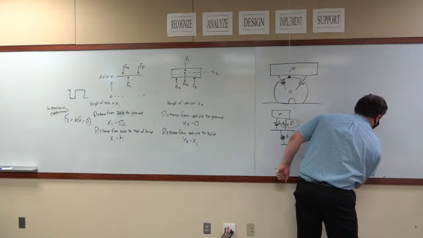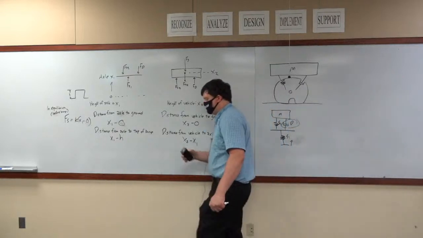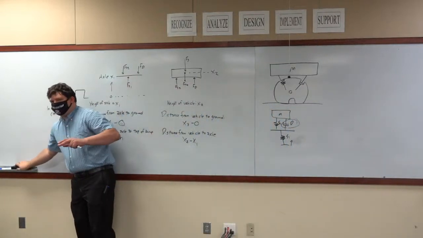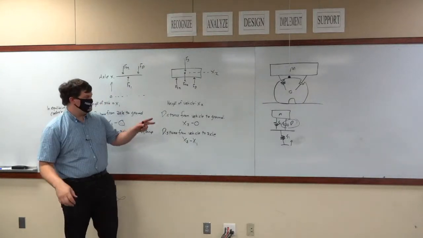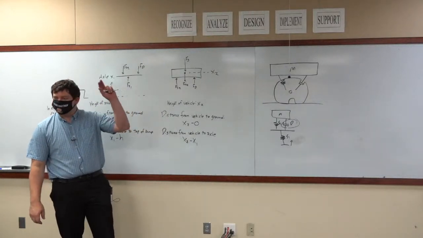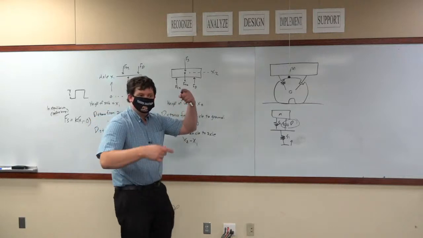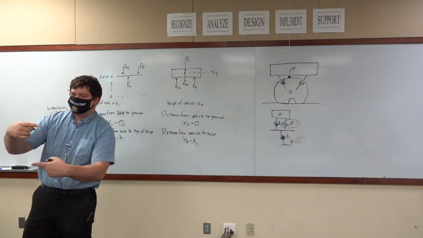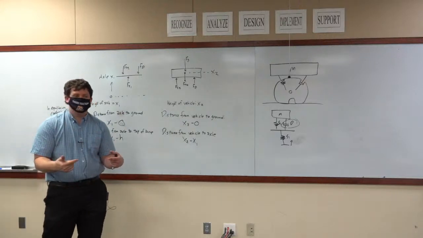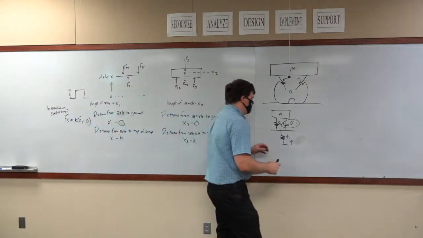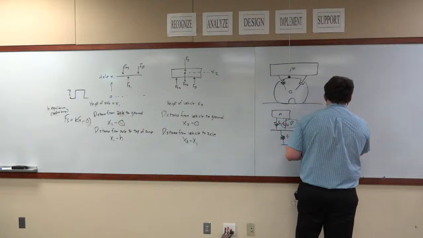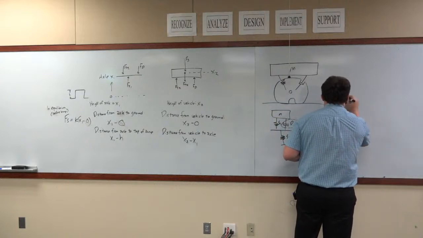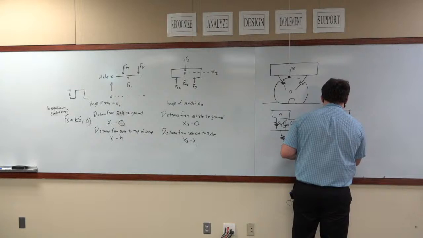When the vehicle is in equilibrium, before it has hit the bump, there's no relative velocity between the axle and the vehicle, meaning the distance x2 to x1 is constant. The distance between the axle and the ground is constant. Everything is in equilibrium. Prior to the bump, your free body diagram looks like this.